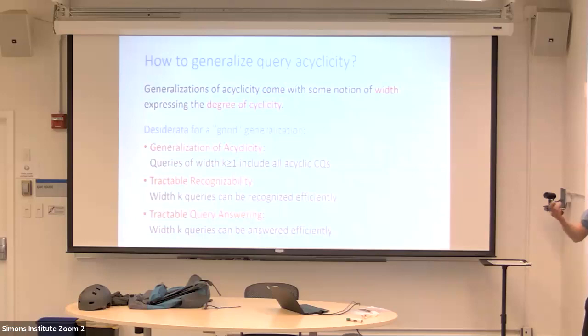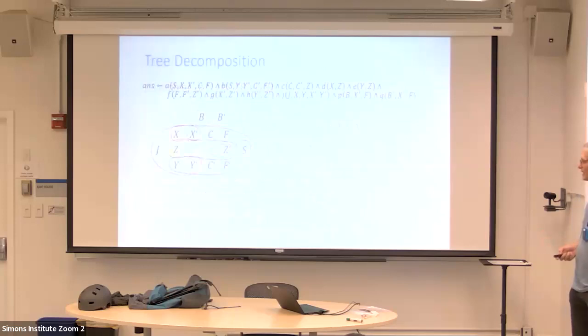If you have unbounded arity and you have one atom with a large number of variables, you need to put all of these variables in a bag. So you have a huge tree width, even though this is an extremely simple query, maybe just a single atom, but unfortunately with big arity. So that's why tree width is not really the right measure for conjunctive query evaluation, even though it has been studied a lot in the constraint satisfaction community.